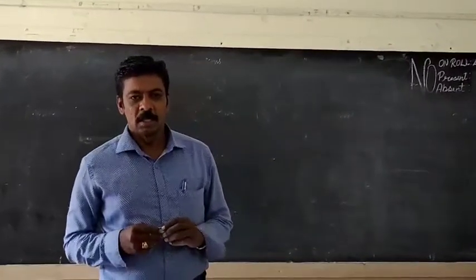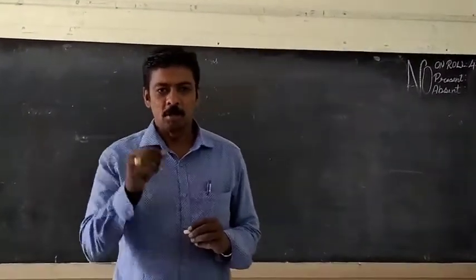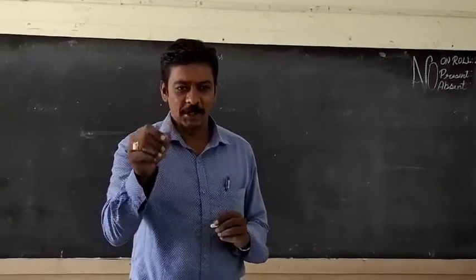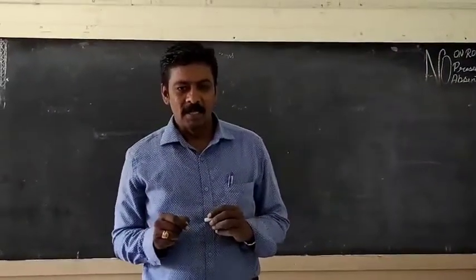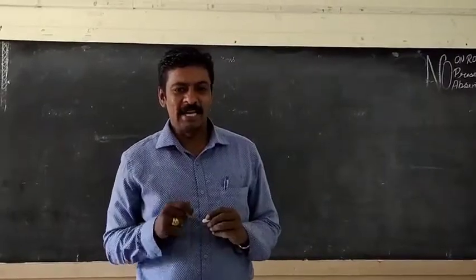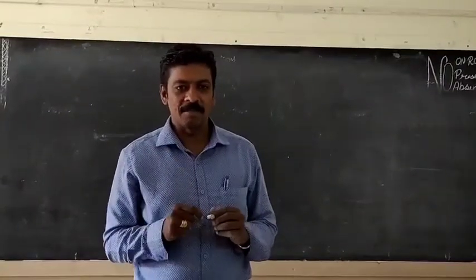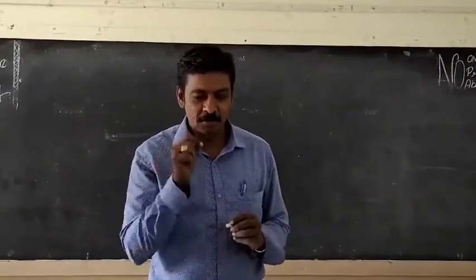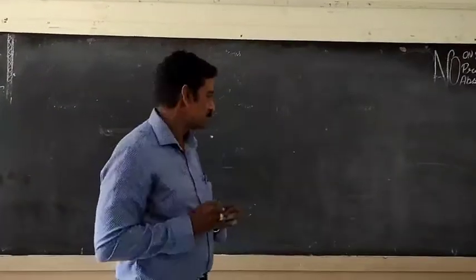Hello children, now we are going to see the role of a resistor in an AC circuit. That means, what are the characteristics exhibited by a resistor connected in an AC circuit? Let us see that.